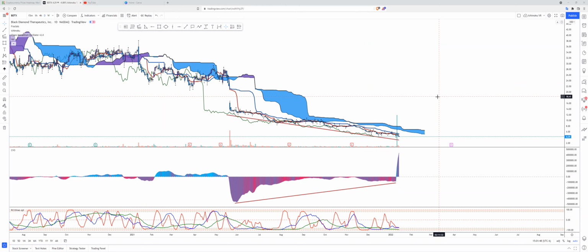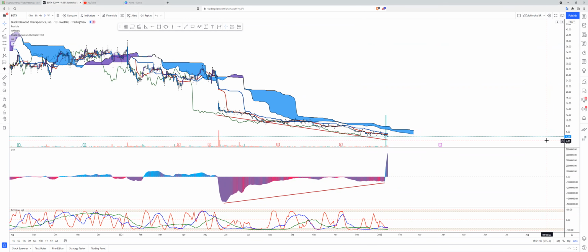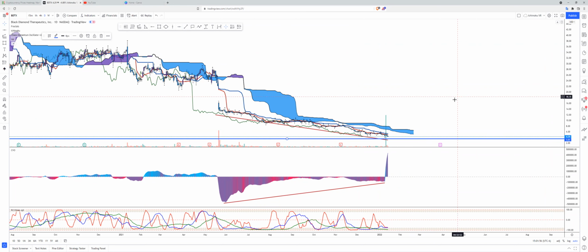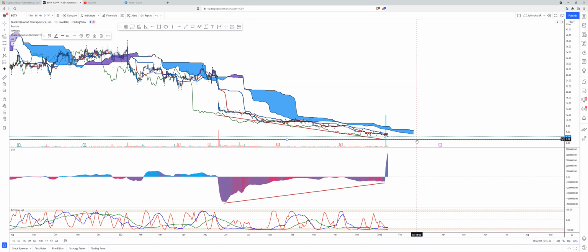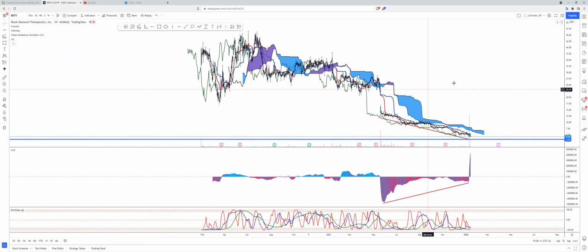So maybe they might push it to the $2 area, maybe even $3. So maybe they might push it here, $3.51, and then they'll start looking to go higher, or maybe a little bit lower. But if it goes up, it does have a huge potential, especially since the price is quite low.